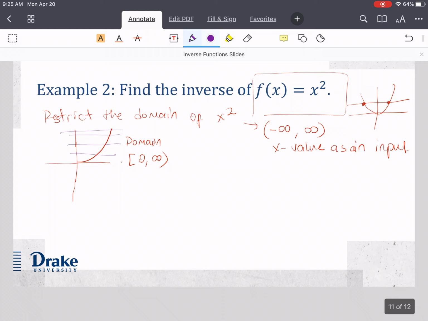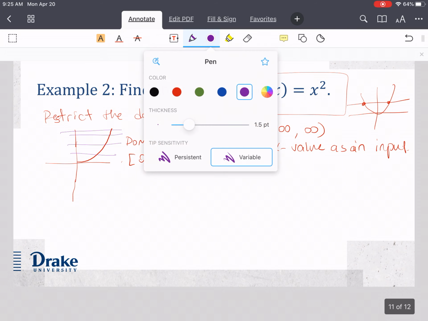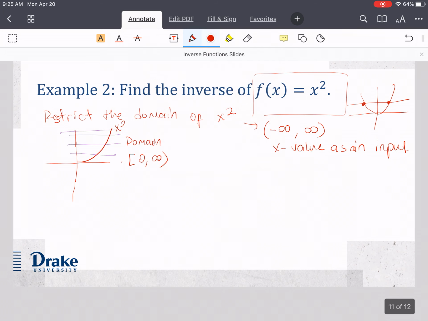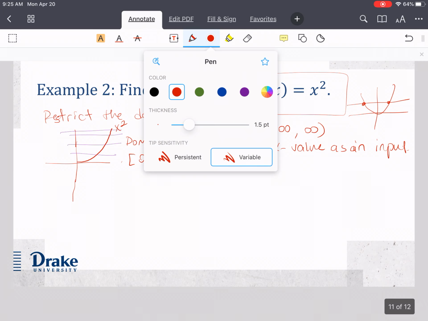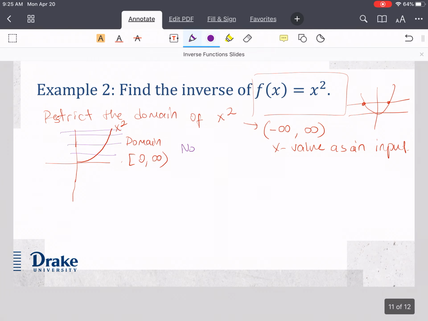So I restricted the domain of the function x squared to be only from 0 to infinity. In that case, we can find the inverse because it now passes the horizontal line test.